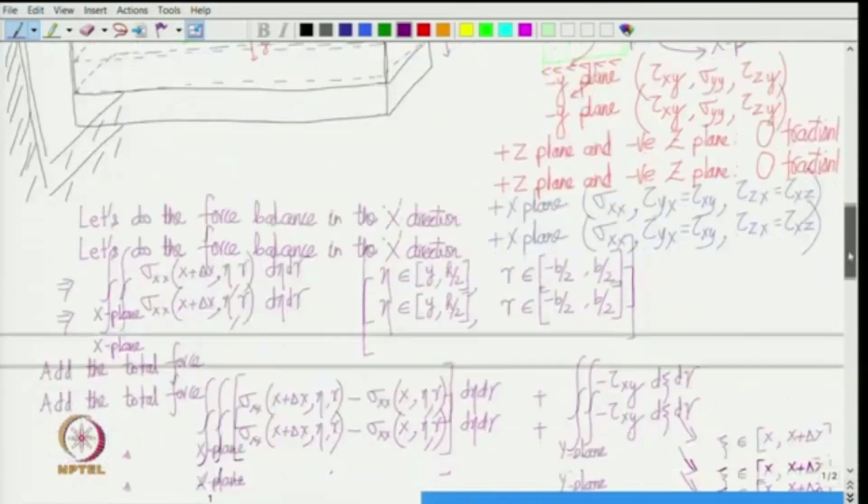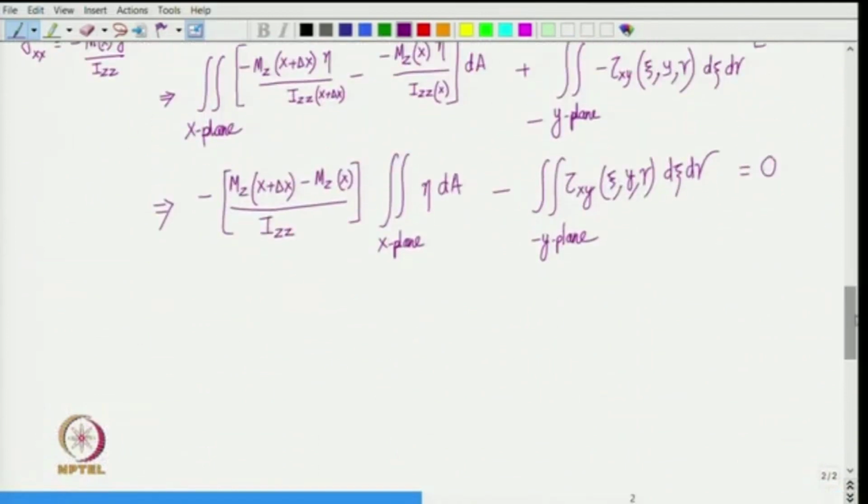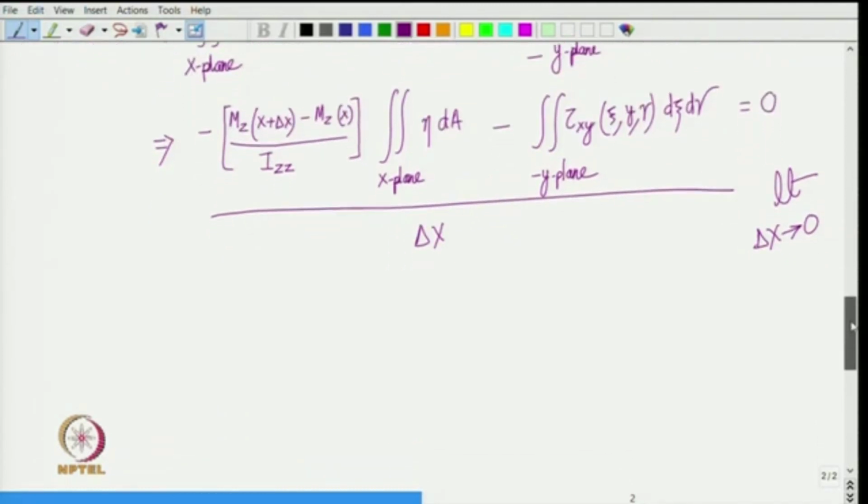So, this means in our final derivation we can simply divide by delta x also and then take the limit as delta x goes to 0, okay, because this holds for any delta x. So, we divide by delta x and let us take the limit delta x going to 0. So, that we are compressing that green element as small as possible, all right. So, let us see what we get finally.